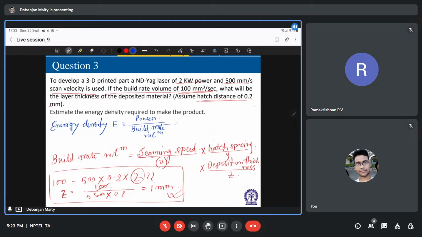So you have your power as 2 kilowatt, which is 2000 watt, that is joule per second, and then you have your build rate volume of 100 cube per second. So it will be coming in terms of joule per cube.